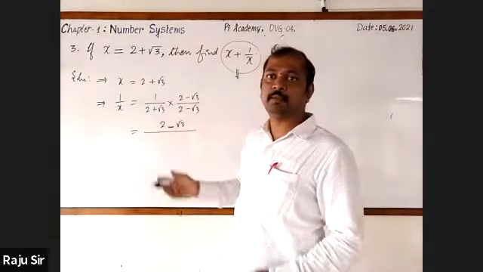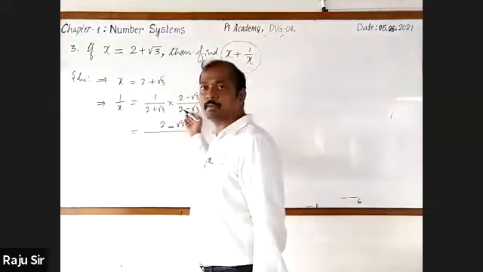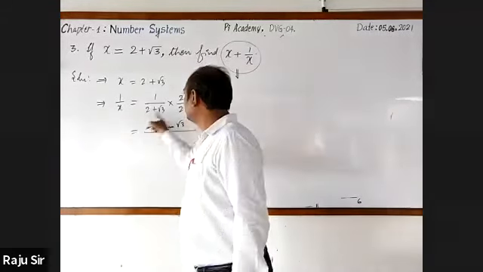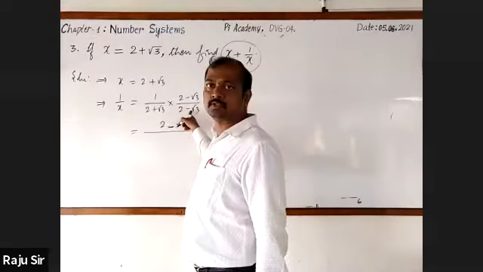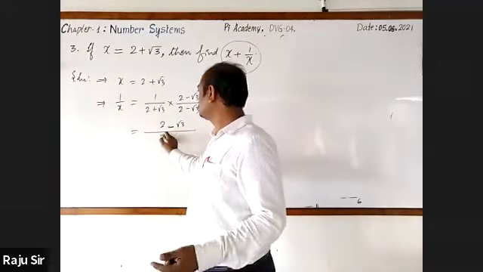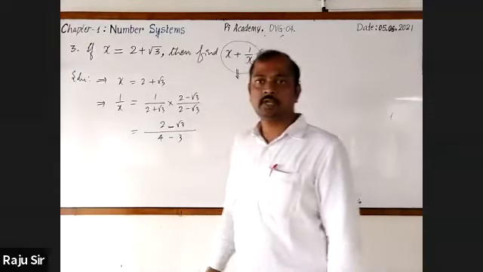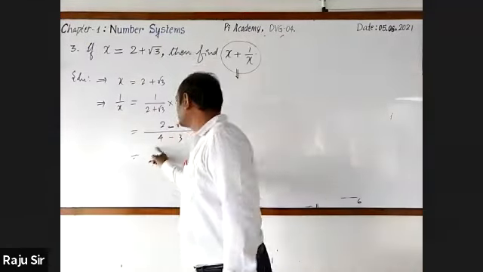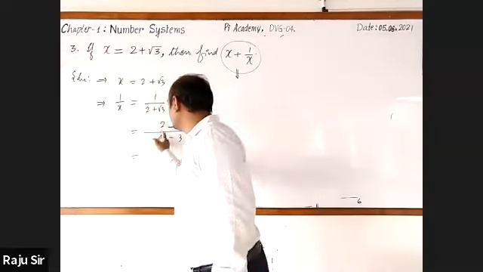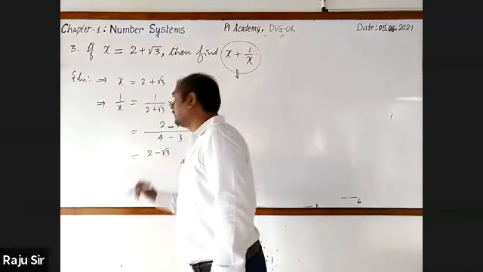Denominator is of the form a plus b into a minus b, a square minus b square. This is 2 square minus root 3 whole square. 2 square means 4. Minus root 3 whole square is 3. So 4 minus 3 is 1. So it will be 2 minus root 3 by 1.